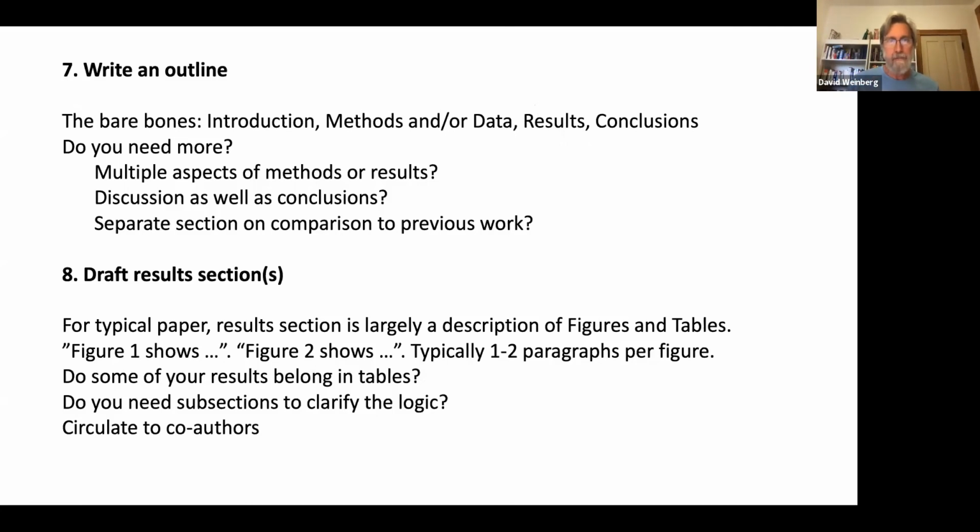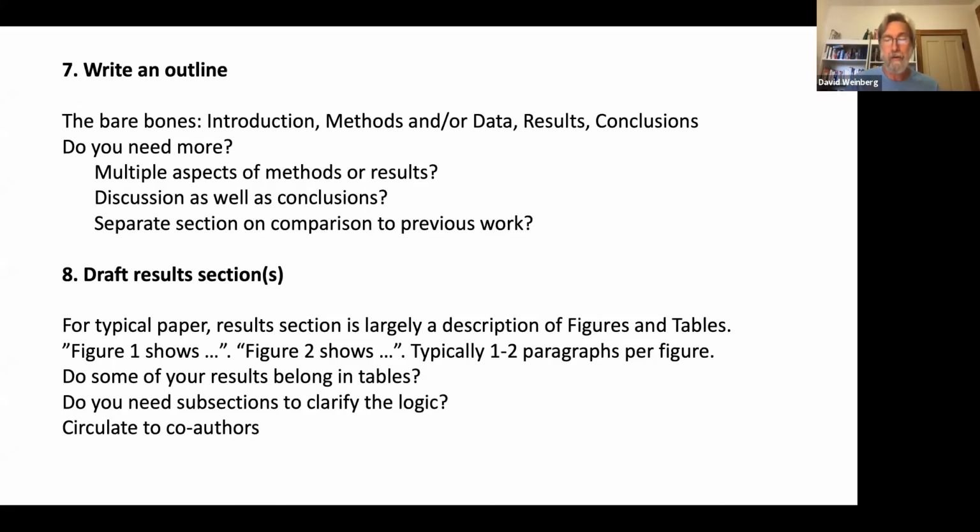The bare bones of the outline, for the most generic paper, are an introduction, a section on methods or data, a section on results, and a section on conclusions. They don't necessarily have to be titled those things, although often they are. But those are the 4 things that a generic paper needs.